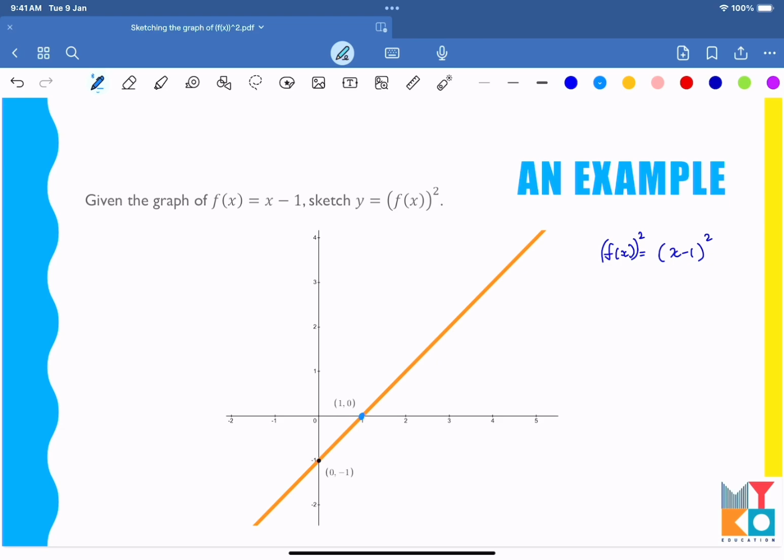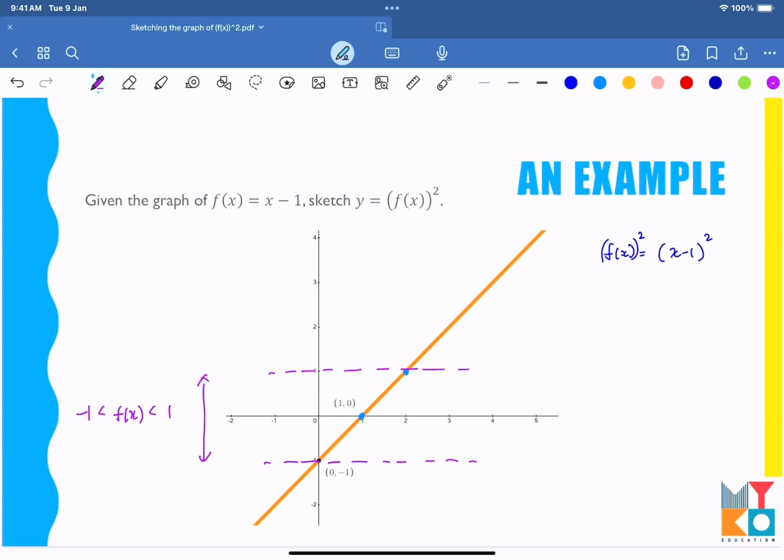If you also look at the point (2, 1), which is on the straight line itself, this point will not change as well because the y-coordinate is 1. When you square 1, it doesn't change the y value. But we can look at two separate regions. If I were to draw a dotted line down here, this dotted line separates the region where f of x is between -1 and 1, and the other regions, where f of x is greater than 1 or less than -1.